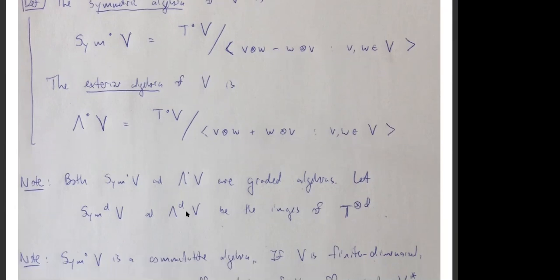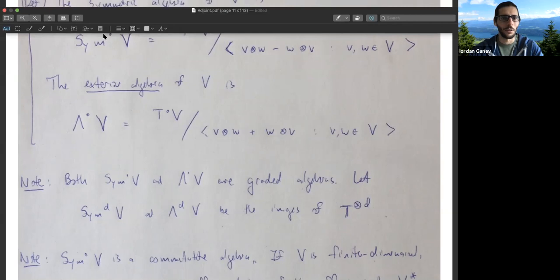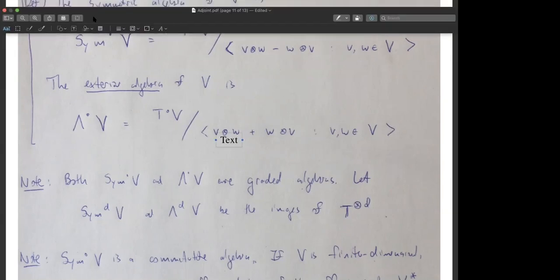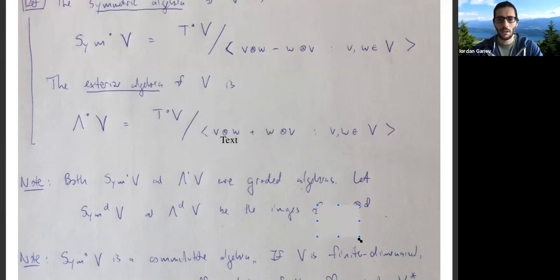T tensor d, what do you mean? All the powers up until d, or only d? Oh, sorry, this should be a V. Sorry about that. Is that what you were asking? Both. Yes, thank you. Yeah, we take exactly d tensors.